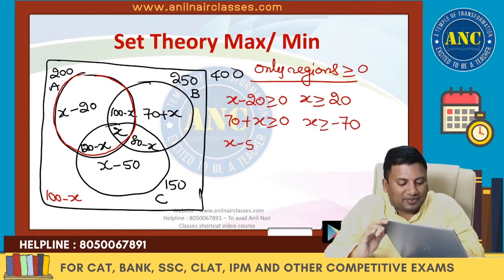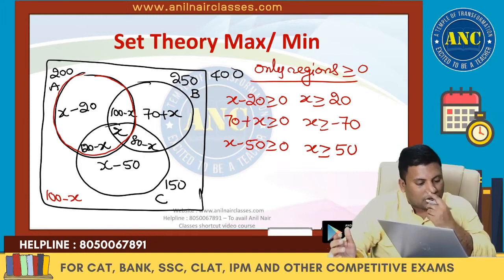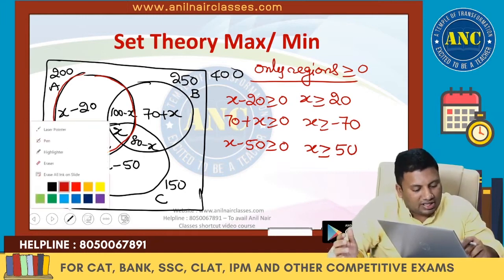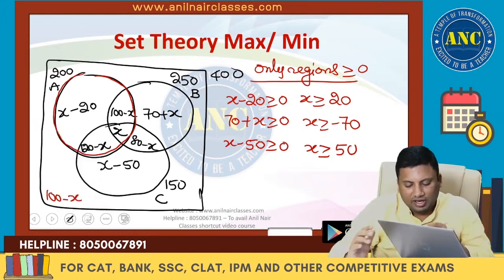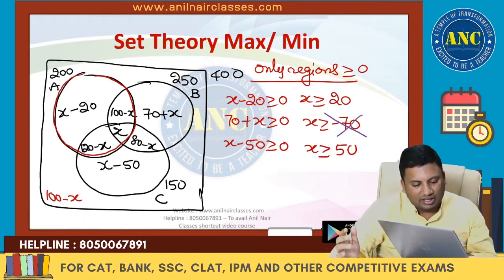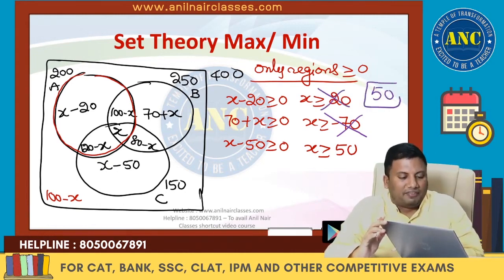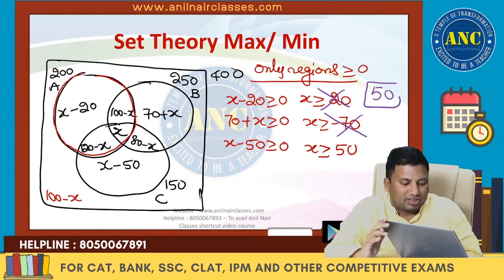X minus 50 greater than or equivalent to 0, so X is greater than or equivalent to 50. You should not get negative values in only regions. 20 minus 50 is negative. So the minimum value answer is nothing but 50.